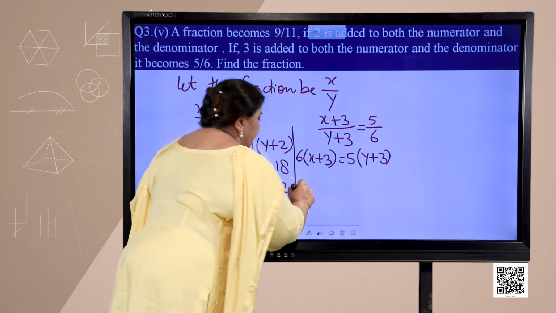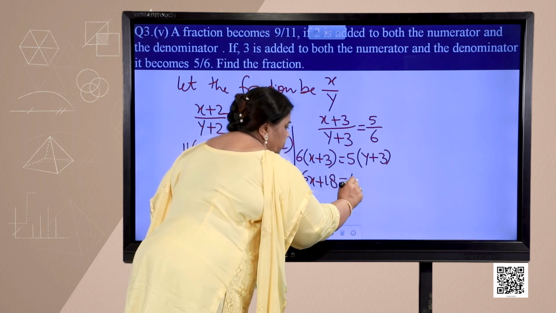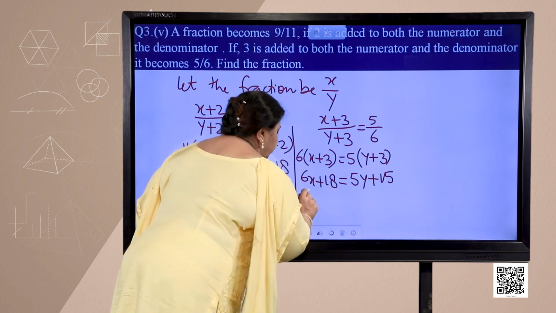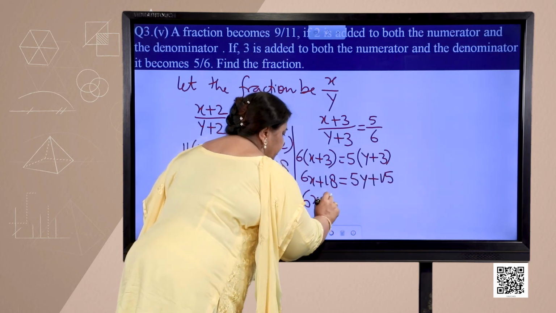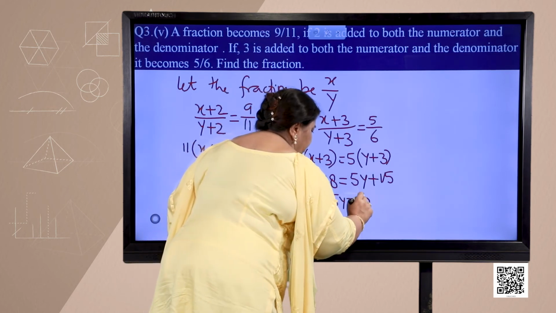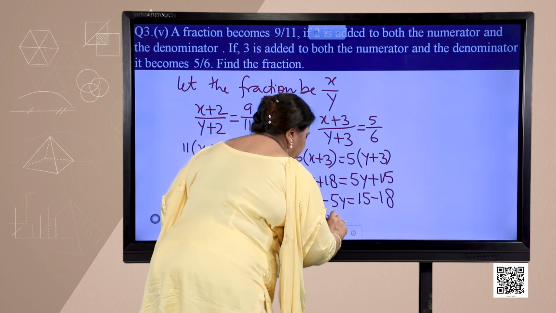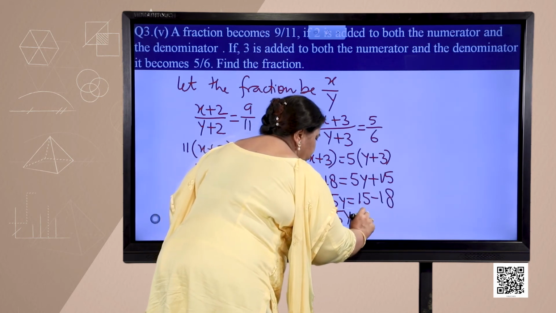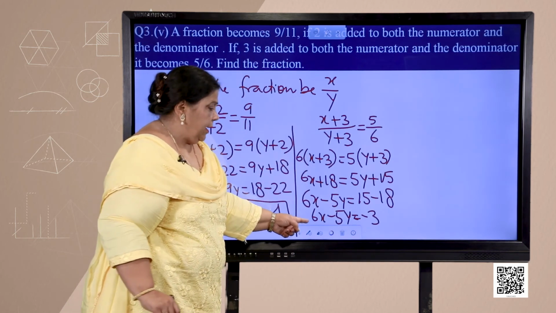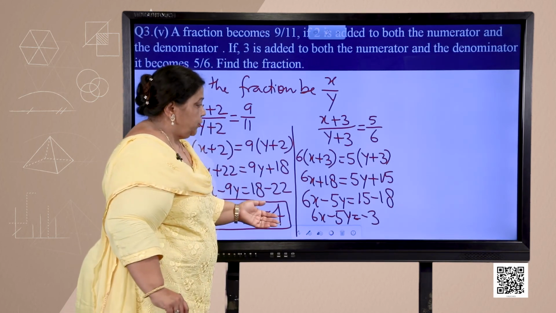On opening the brackets, 6x plus 18 is equal to 5y plus 15, which I can rearrange as 6x minus 5y is equal to 15 minus 18. That gives me 6x minus 5y is equal to minus 3. These two equations we have got, and by using substitution method we can solve it in this way.